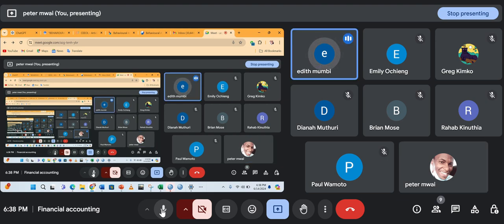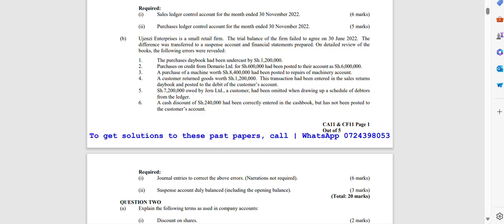Gen Z Enterprise is a small retail firm. The trial balance of the firm failed to agree on 30th June 2022. The difference was transferred to a suspense account and financial statements prepared. On detailed review of the books, the following errors were revealed. The purchases day book had been undercast. Purchases on credit from Mary Limited for 600,000 had been posted to the account as 6 million. A purchase of a machine worth 8.4 M had been posted to repairs of machinery account.